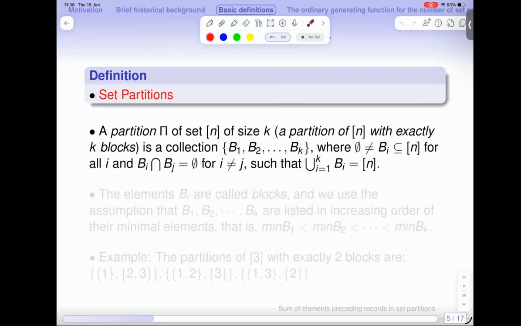Before presenting the results, let me introduce the main definitions that we will need. The first definition is set partitions.